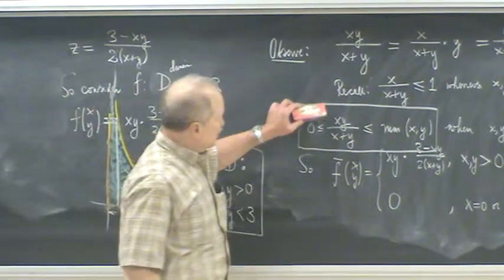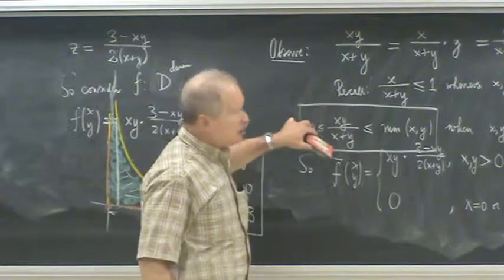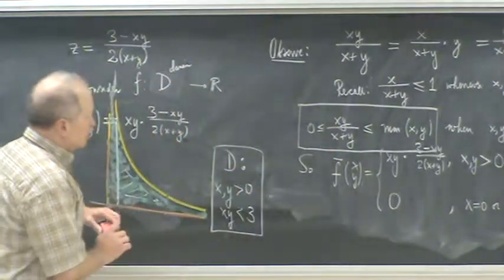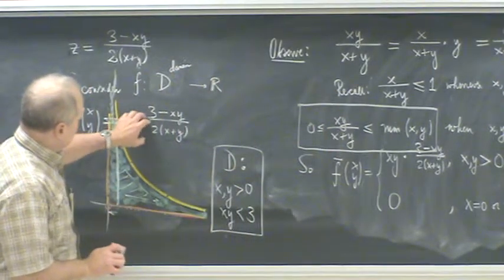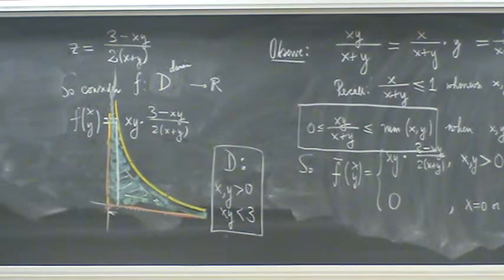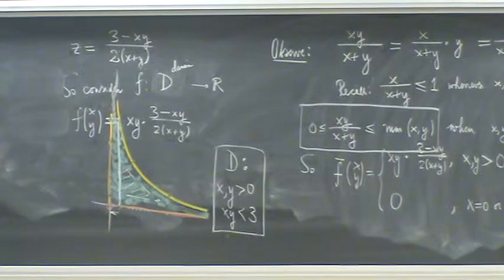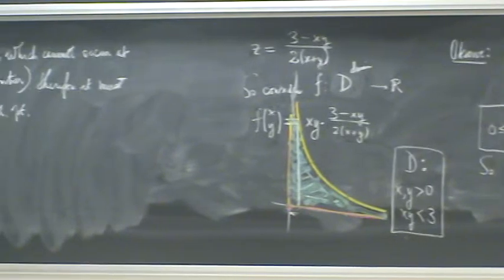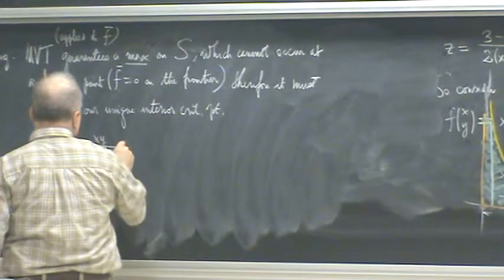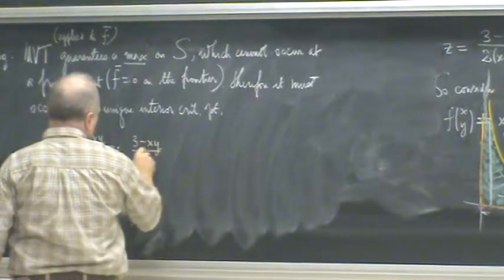If this term is less than a half, f of xy is xy over x plus y times 3 minus xy over 2. Agreed?